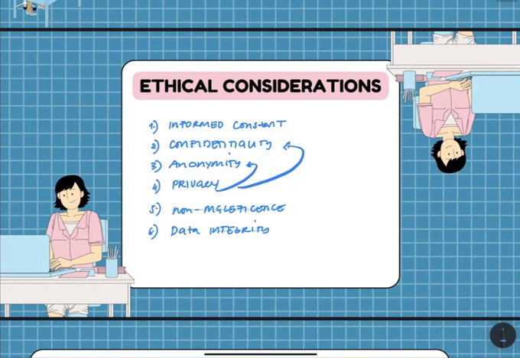So let's say during data collection, you were not able to get your desired results, so you tried to alter the findings. That is not ethical. Likewise, plagiarism, not recognizing the author or the source, is also under data integrity.